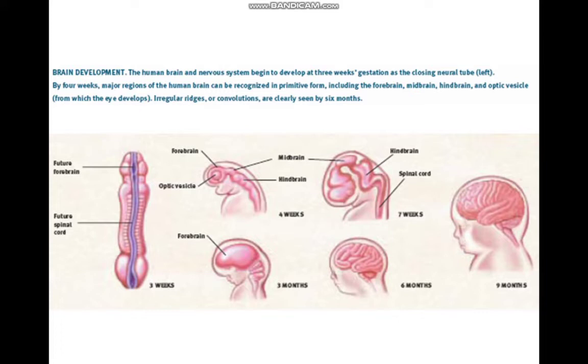As it is a tube, there is a lumen, and this lumen dilates towards the primary brain vesicles in the form of cavities which are known as the ventricles. The rhombencephalon is known as the rhombencephalon because it has a rhomboid shaped cavity, which is the 4th ventricle.